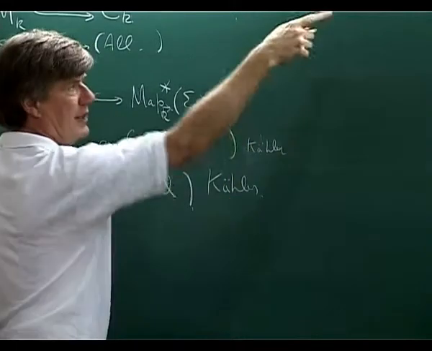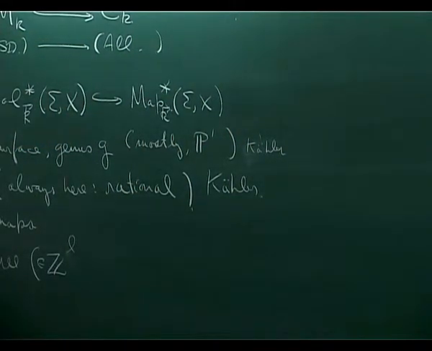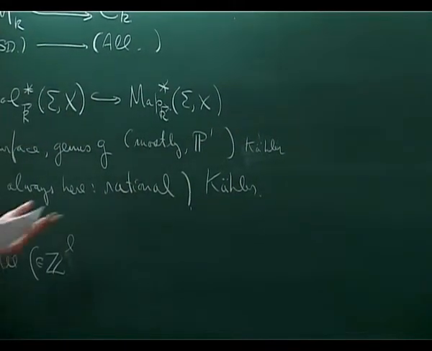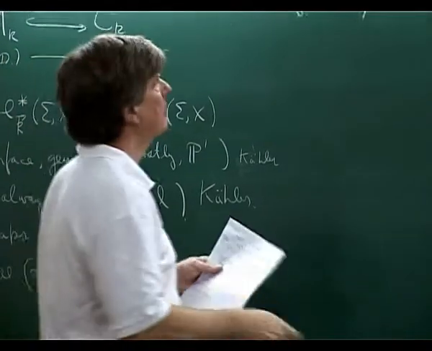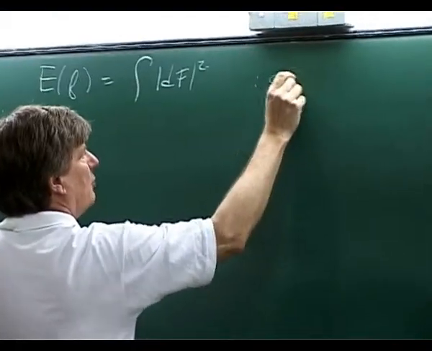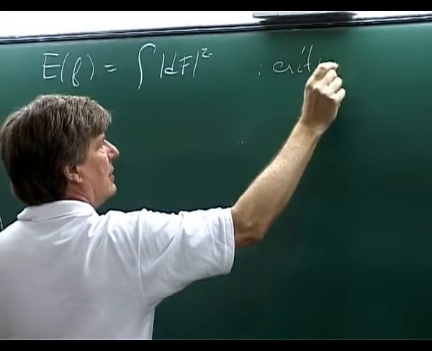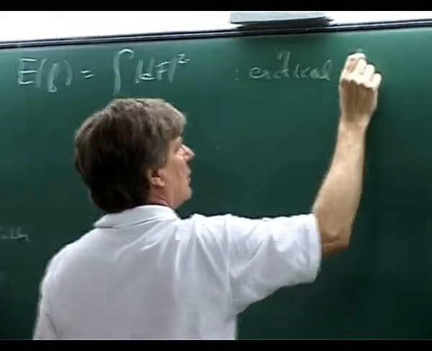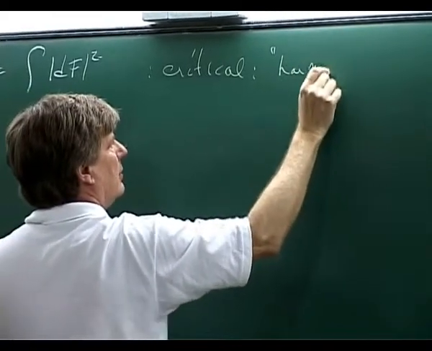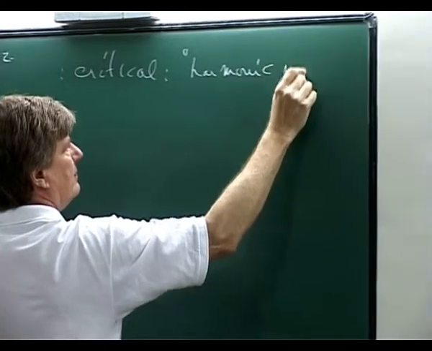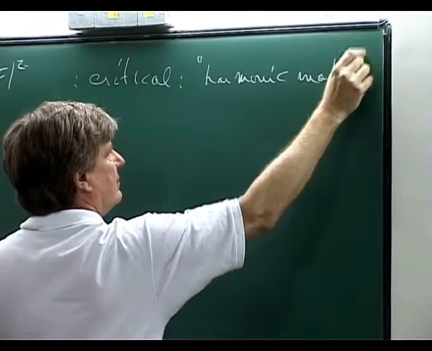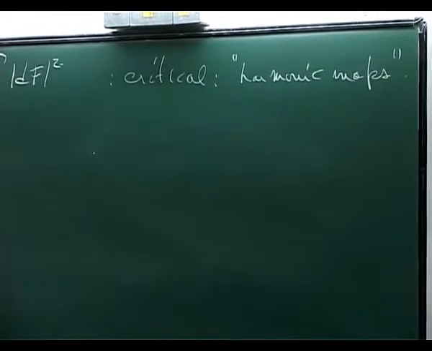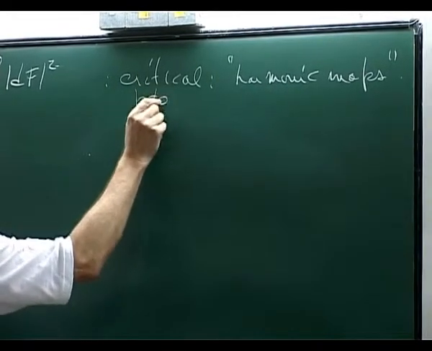So you know how to take the norm here. And the critical points of this energy functional are called harmonic maps.